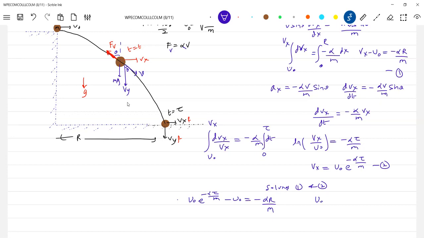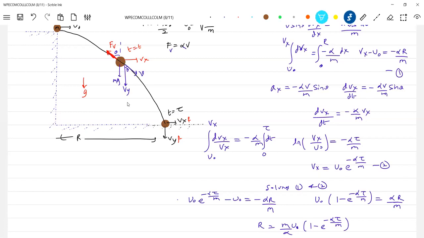It comes out as m u naught by alpha times the bracket. Simple mathematics.